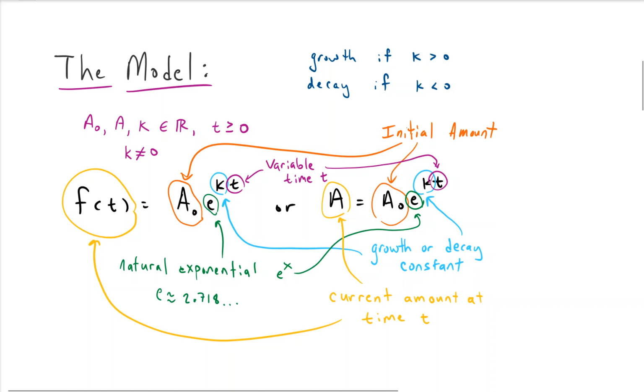It could be a substance like radioactive decay, material that is decaying and they're monitoring it. It could be carbon-14 that decays according to a certain rate. So there are a lot of things in life that either grow or decay at a given rate, and these models are great ways to describe them.